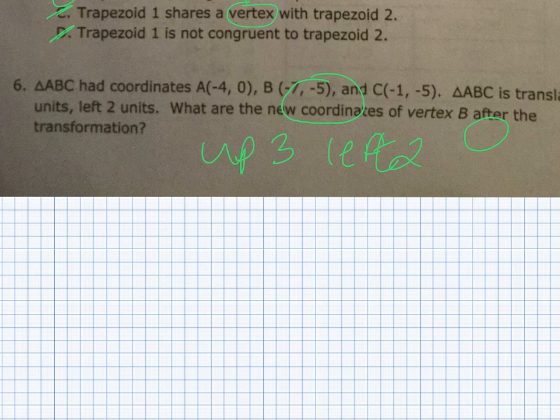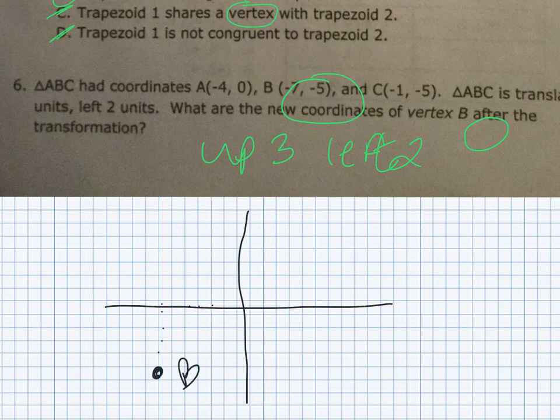Okay, so get my graph paper. I'm just going to draw a grid on it. And let's see, B is at -7, -5. 1, 2, 3, 4, 5, 6, -7. And then down 5. 1, 2, 3, 4, 5. So there's point B. Now I'm supposed to go up 3 and to the left 2. So let me get my green.